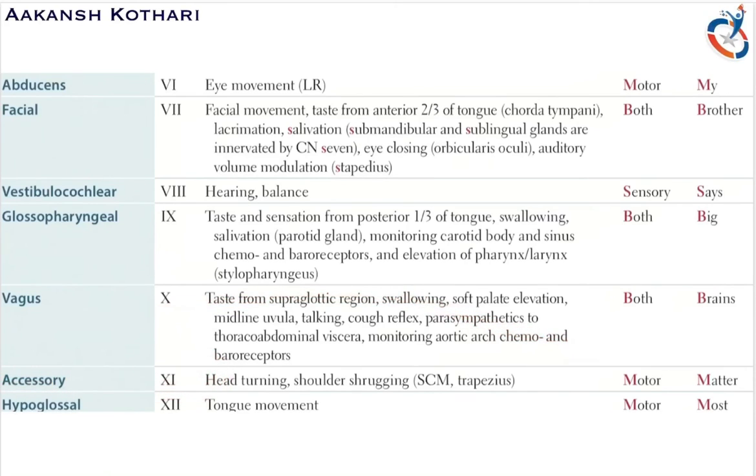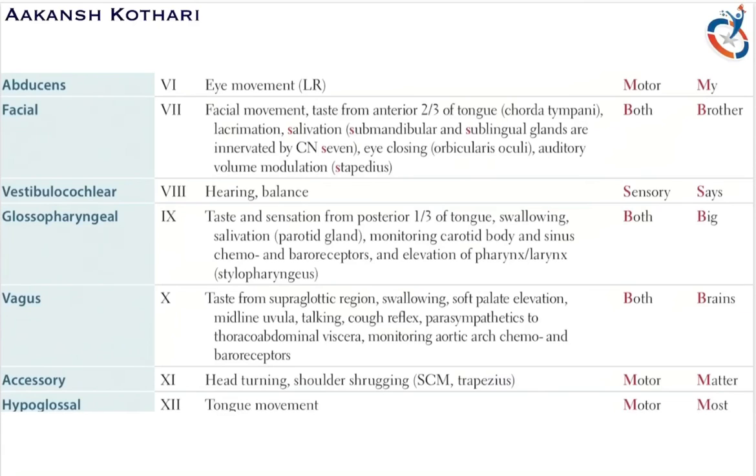Now it is helpful in controlling two major muscles, that is the sternocleidomastoid and the trapezius muscle. Now these two muscles are helpful in turning of the head and shrugging of your shoulder. So sternocleidomastoid helps in head turning, trapezius helps in shoulder shrugging, and it is controlled by the accessory nerve.